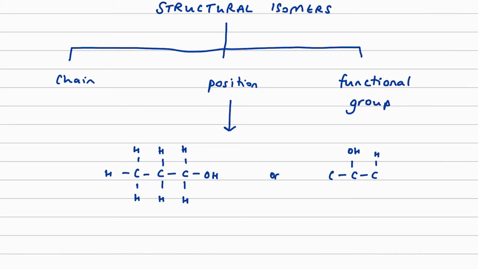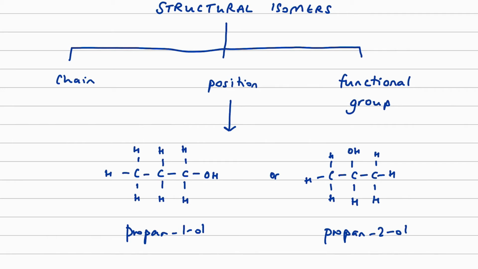So these two molecules are isomers of each other. They've got the same molecular formula, a different arrangement of atoms. So this is propan-1-ol, and this would be propan-2-ol, because the OH group is on the second carbon in the chain.